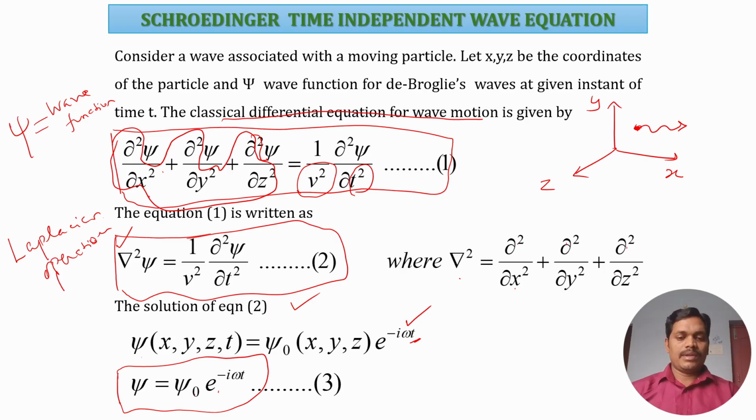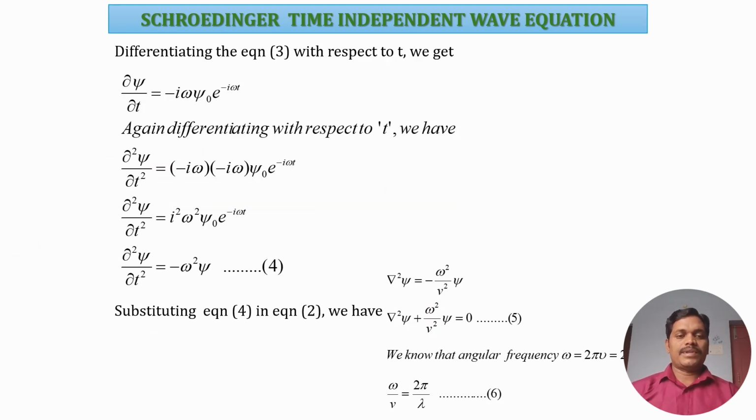Next, we have to differentiate equation 3 with respect to time so that we can obtain the Schrodinger time independent wave equation. Differentiating ψ = ψ₀ e^(-iωt) with respect to time, we can write ∂ψ/∂t = -iω ψ₀ e^(-iωt).